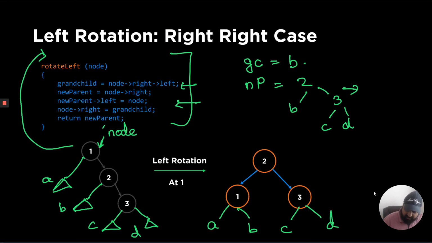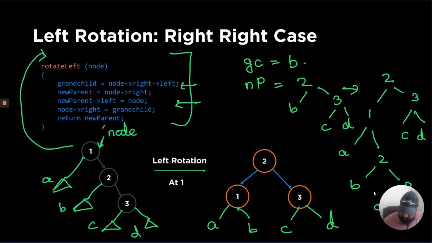So new parent now becomes 2, 3, 1, C, and D. And now 1 is actually having a subtree like A. This also has 2, 3, B, and then C and D. Next, in the next statement, we make node's right, which is this node's right, as grandchild, which is now this was pointing to the node, right?